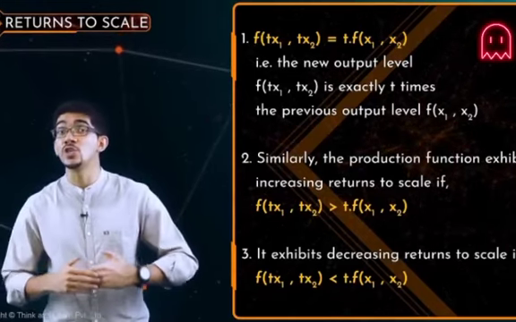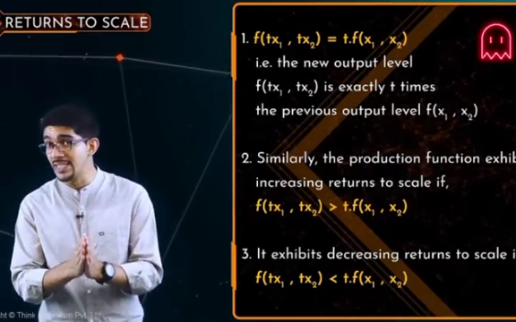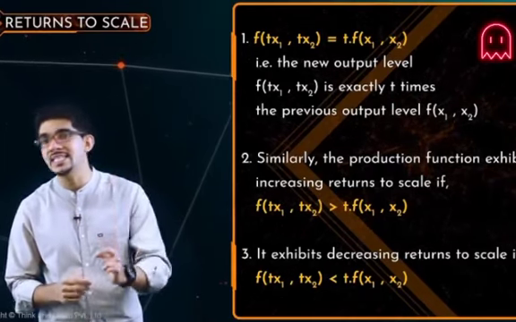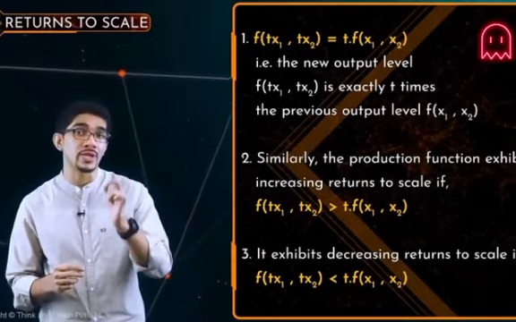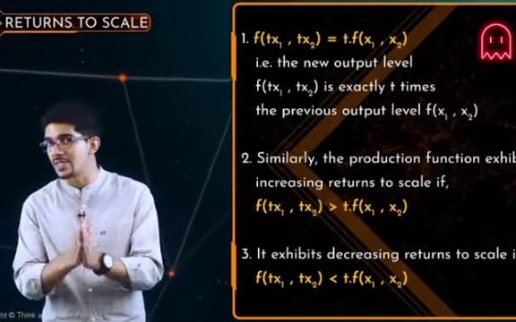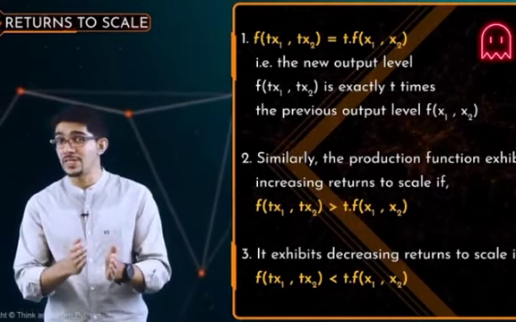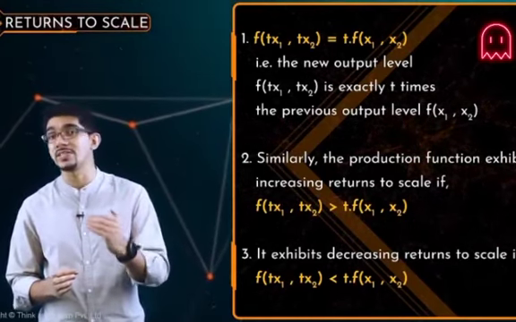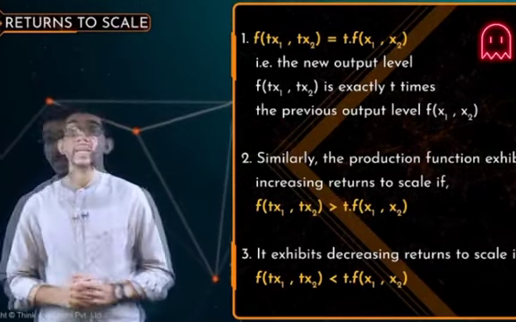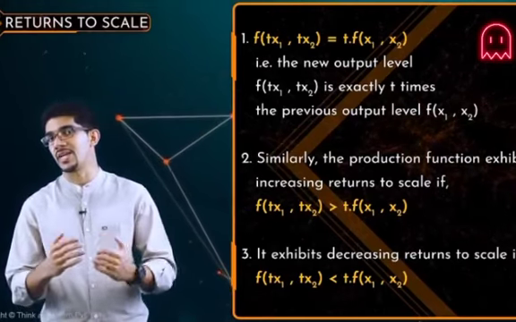That is, the new output level f(Tx1, Tx2) is exactly T times the previous output level f(x1, x2). Similarly, the production function exhibits increasing returns to scale if f(Tx1, Tx2) is greater than T times f(x1, x2). It exhibits decreasing returns to scale if f(Tx1, Tx2) is less than T times f(x1, x2).